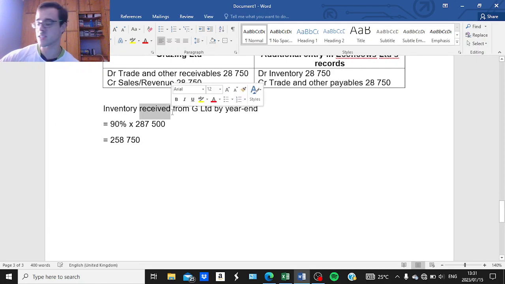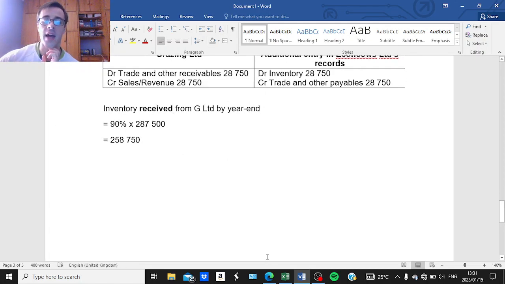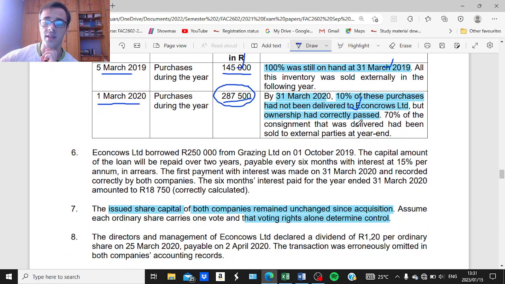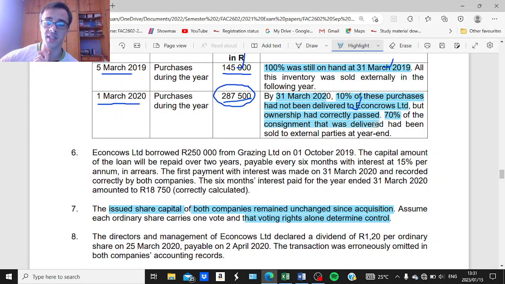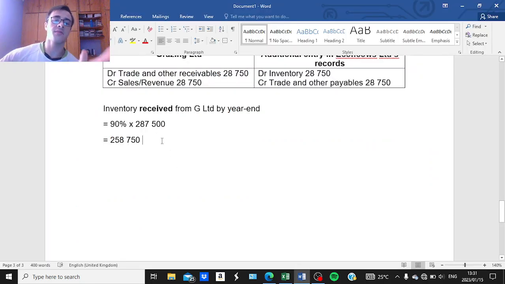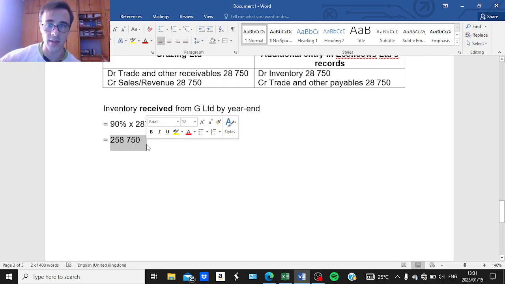This was the inventory received by year end, and of this consignment that was delivered, 70% was sold to external parties at year end. So 70% of this value has been sold, which means that the remaining 30% is part of closing inventory, because that portion has not been sold by year end.